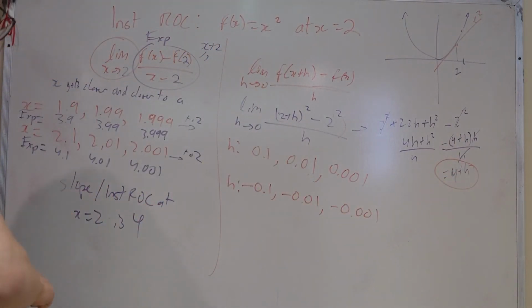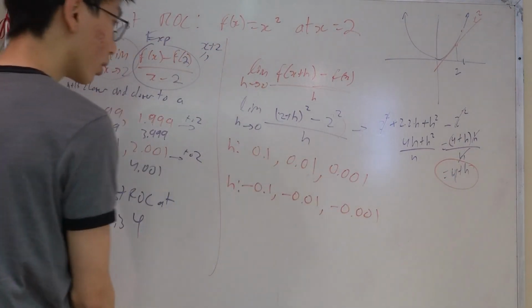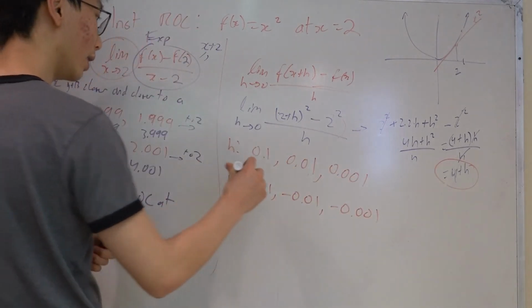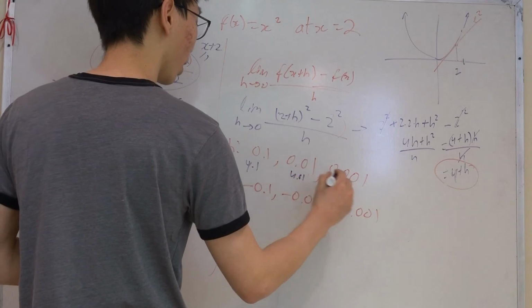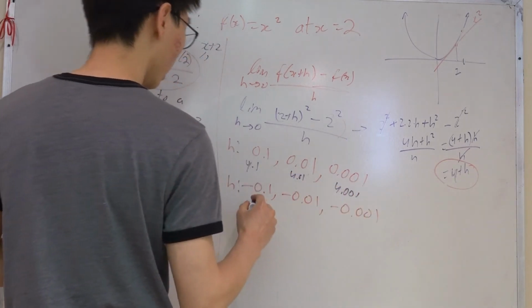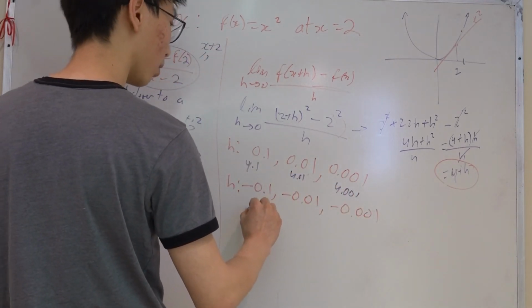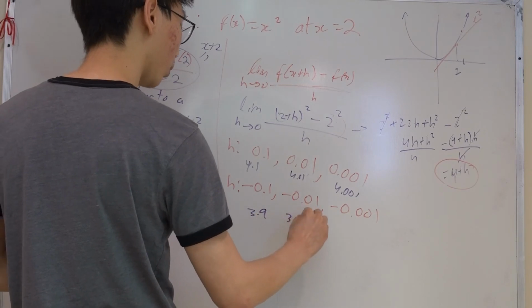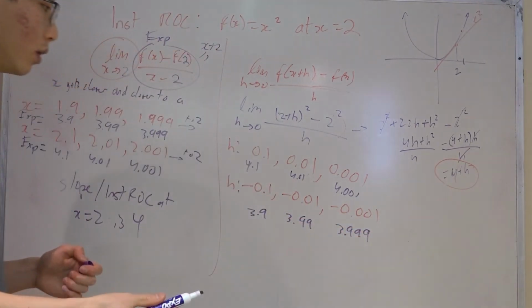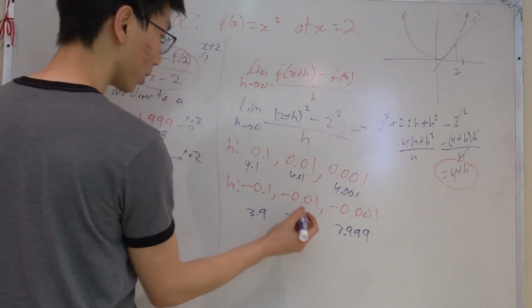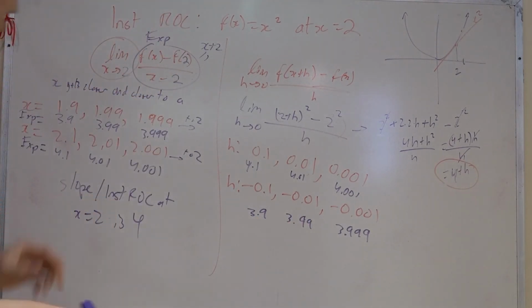Now if you plug in all these numbers for h into here, what you get is 4.1, 4.01, 4.001. This is 3.9, 3.99, 3.999. You can check with a calculator, or if your mental math is good, you should be able to see these pretty easily.